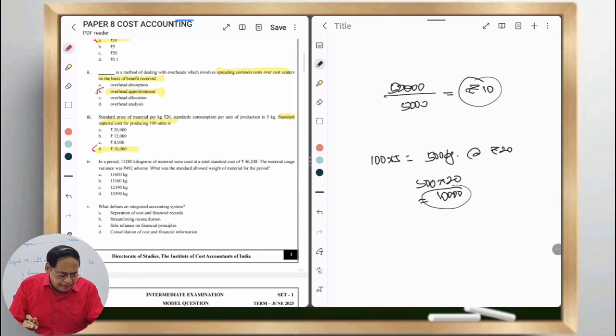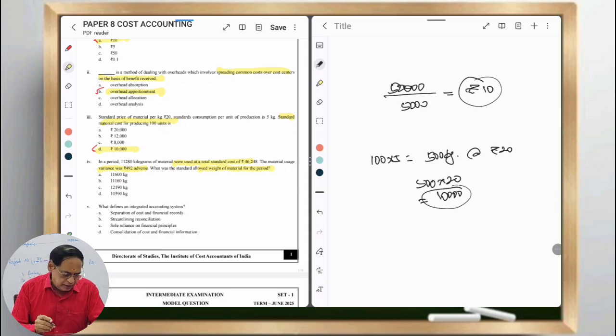And then, in a period, 11,280 kilograms of the materials used at a total standard cost of rupees 46,248. The material usage variance is 492 rupees, that is adverse. Adverse means a minus balance. What was the standard allowed weight of the material?